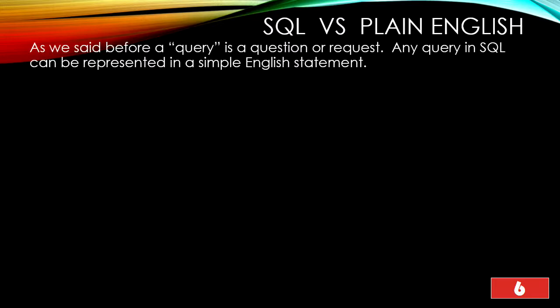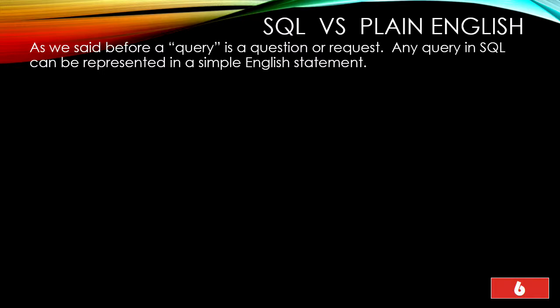That's basically why we're discussing the definition of SQL, because select is a word in a question. It represents a request. As we said before, query is a question or a request. Any query in SQL can be represented in simple English.